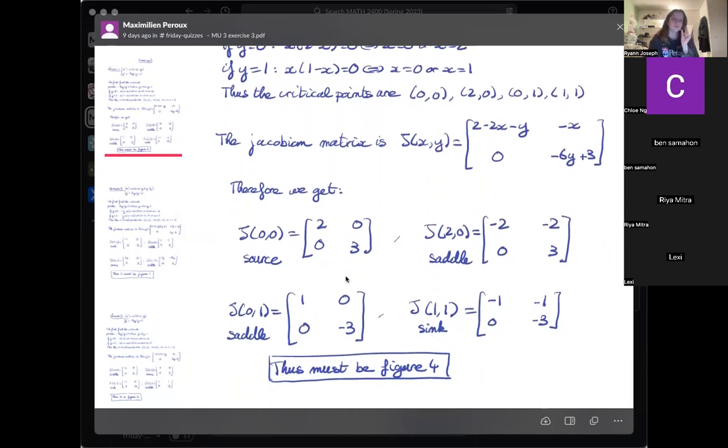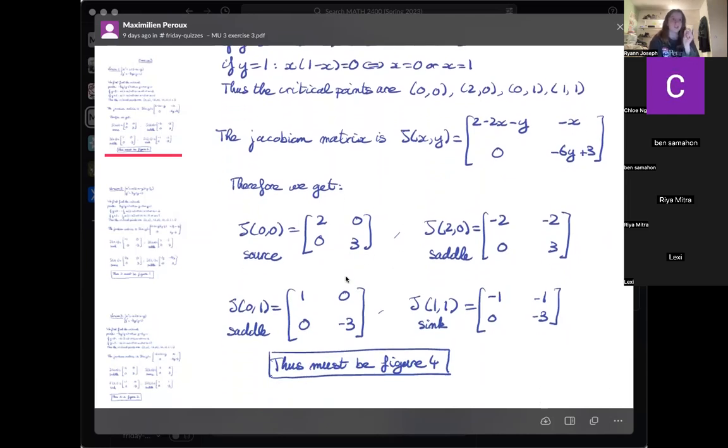From the Jacobian, you plug each critical point into the Jacobian matrix and see what it does. Here it's a source because both eigenvalues are positive and not equal to each other. This is a saddle because diagonalized it gives a positive eigenvalue and a negative eigenvalue. This again is a saddle because positive and negative.